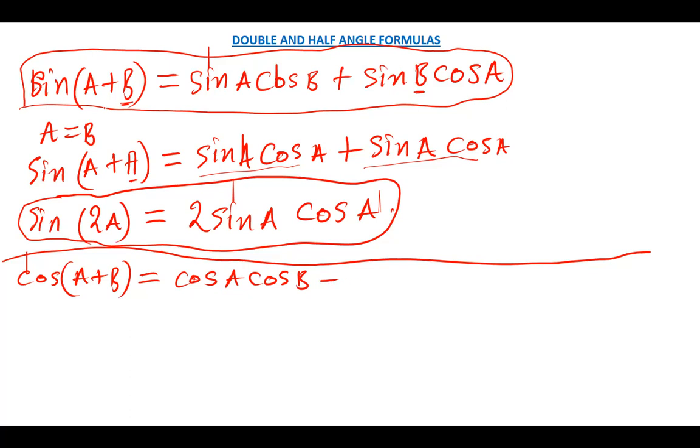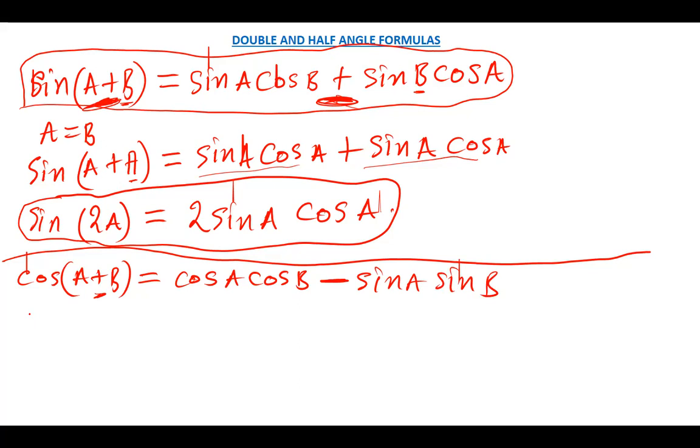For sine, if there's a plus here, there's also going to be a plus. If there is a minus there, there's going to be a minus. But for cos, it's always the opposite. So this will be sine A sine B.